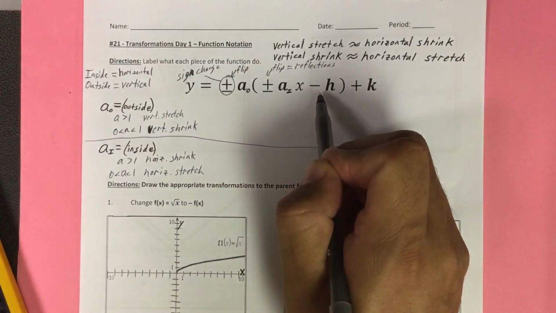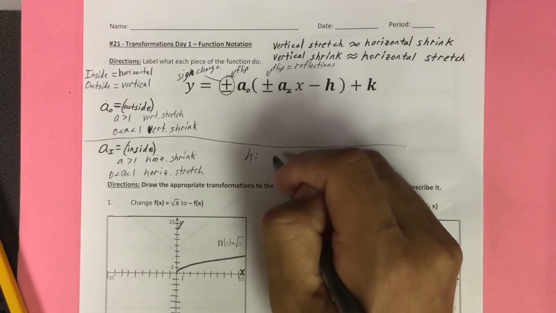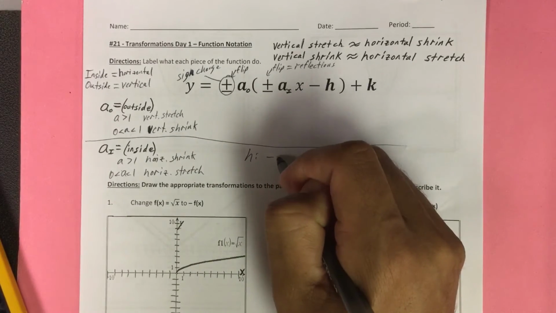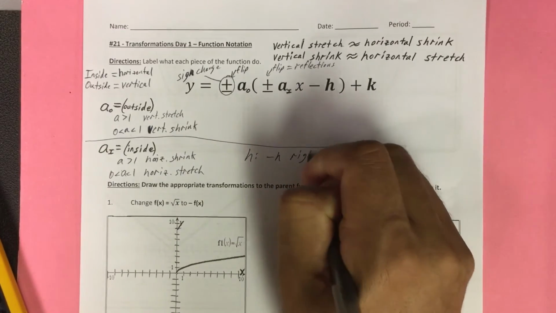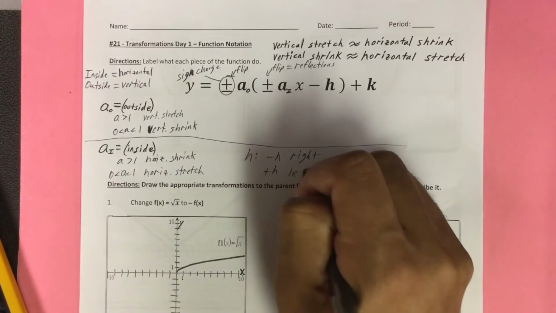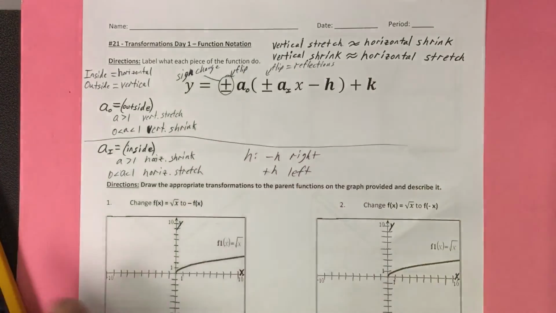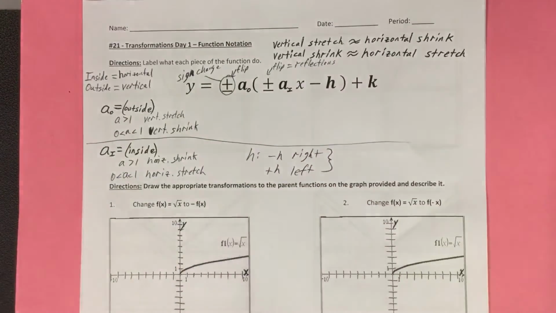So H is in here inside, right? For H, if it says minus a number, so minus H, it moves to the right. Adding H moves to the left. This one right here is counterintuitive. It's opposite of what you think.